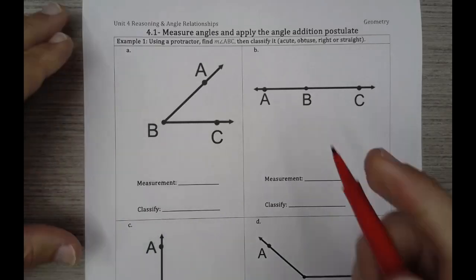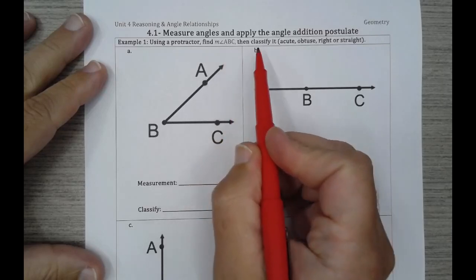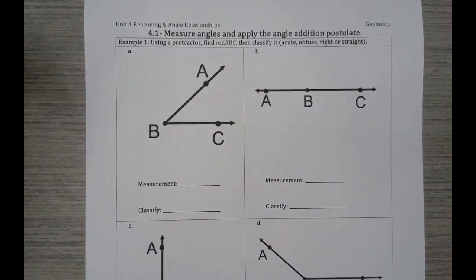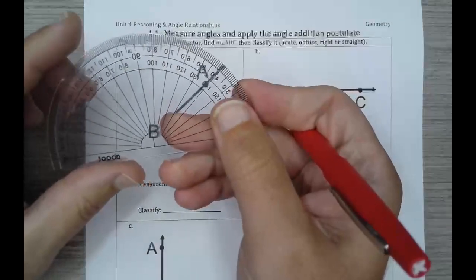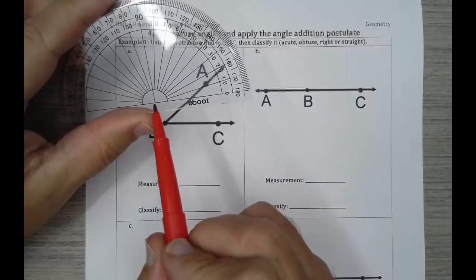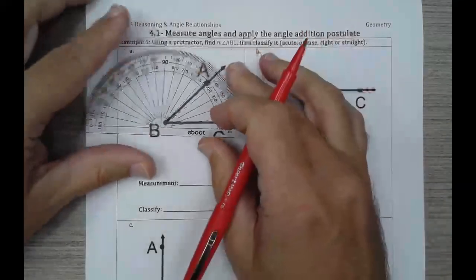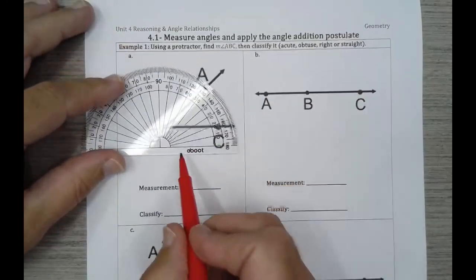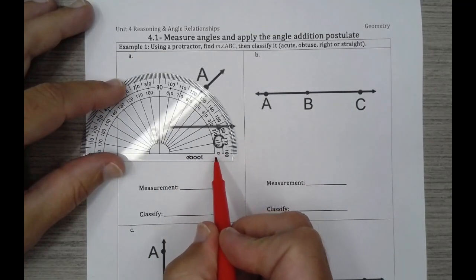So here we go. Measure angles using a protractor, find the measure of ABC, classify. This is why the video format's a little bit different, because I got to show you how to use the protractor here. We're going to take this little dot and put it right on the vertex, and this angle here is angle D. I'm taking this little black line on the edge that points to 0 or 180.